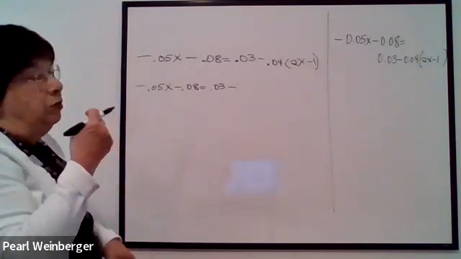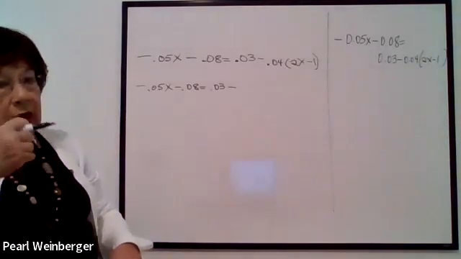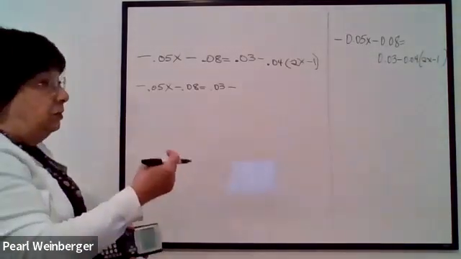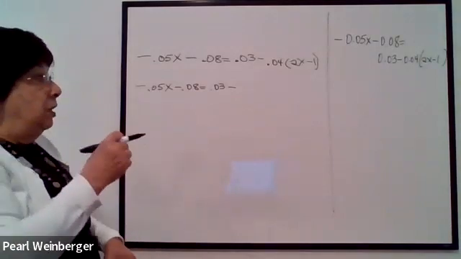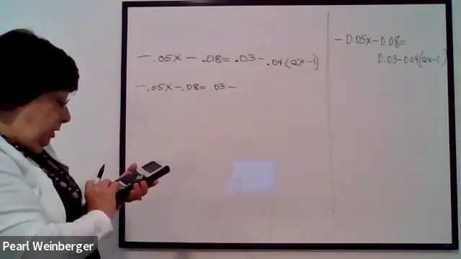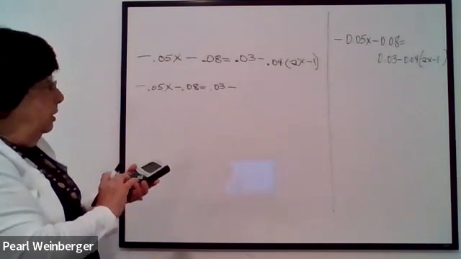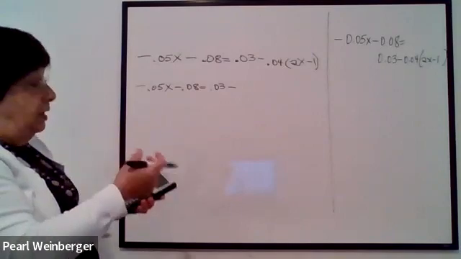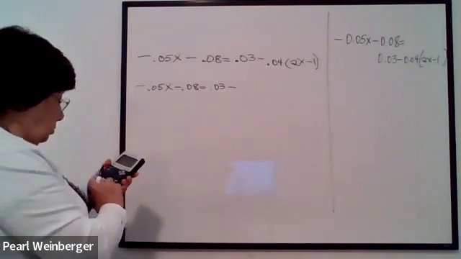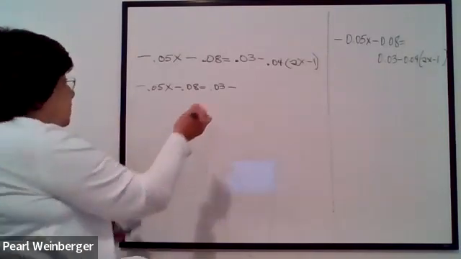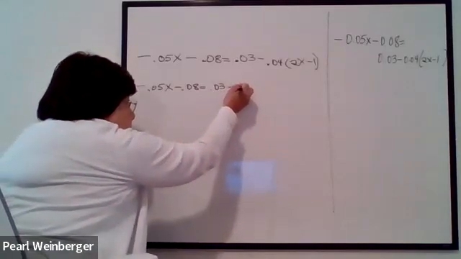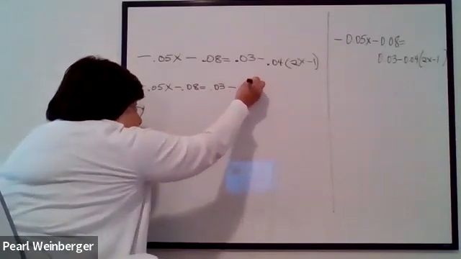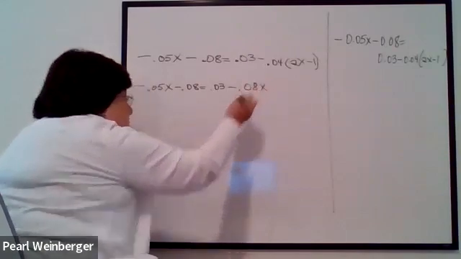And again, you could do this in your head or on a piece of paper, but I'm using my calculator. I want to multiply the 0.04 times the 2. Remember, I can't put in the x, but I can certainly put in the coefficient. And of course, that gives me 0.08. Now we put in our x.